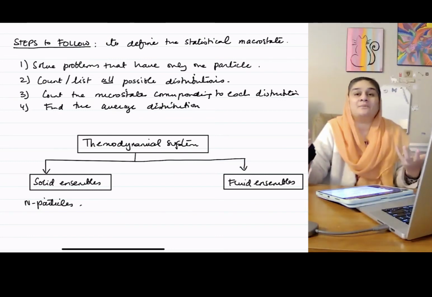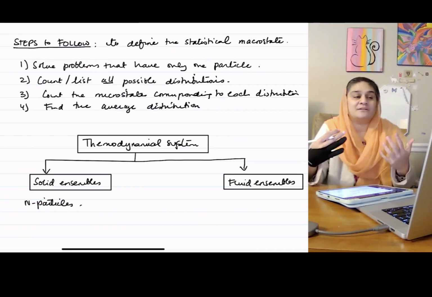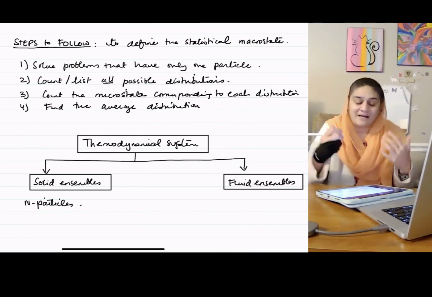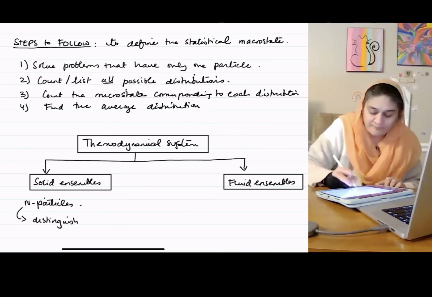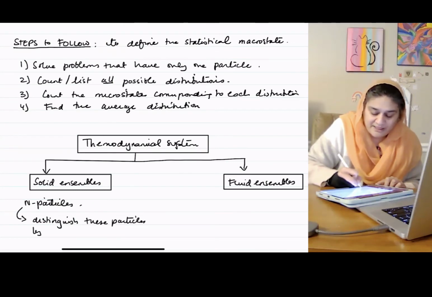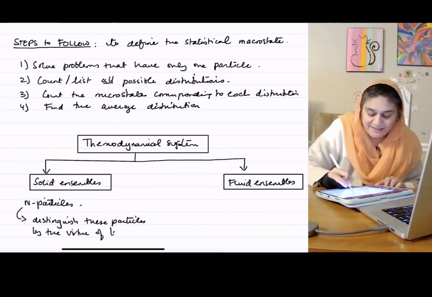And that is how we know that each particle is distinct by the lattice sites. So we distinguish these particles by virtue of lattice sites.